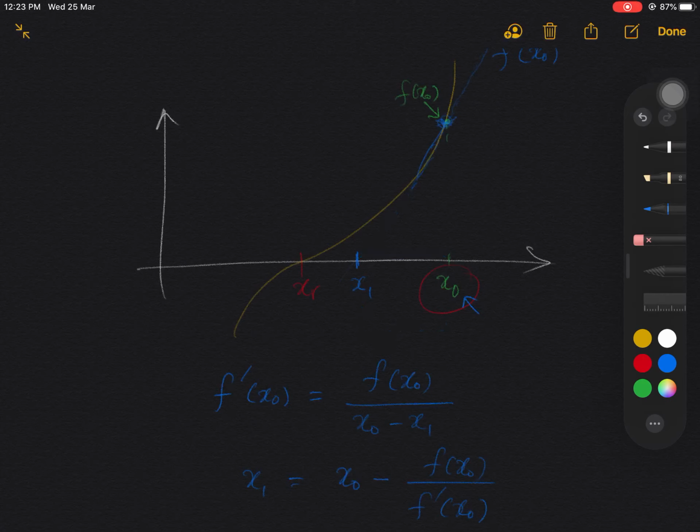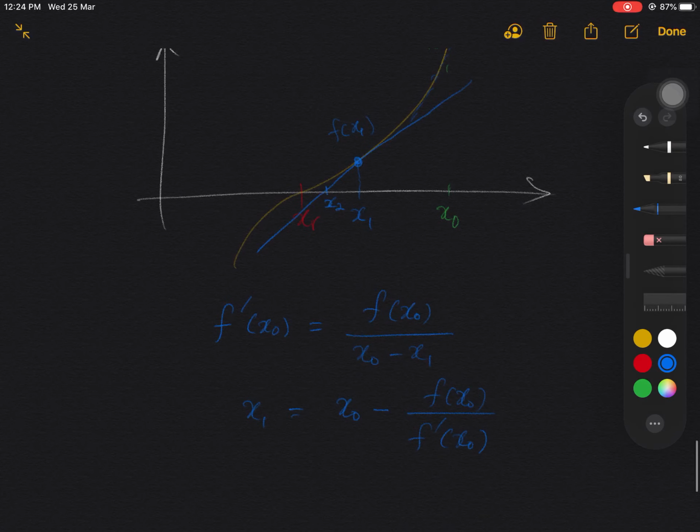So now based on x1, we have to find the value of the function f x1 at x1. So again, we have to find the tangent line at point x1. The line intersects the horizontal axis at a point we call x2.